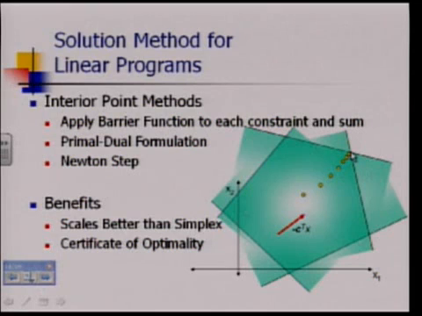Hopefully that's the optimal solution. And this technique, of course, has a name called the interior point method. It's based on either primal or dual formulation, and it can basically apply either a standard iterative method or even go through the so-called Newton step, which is based on quadratic convergence but requires some information on the second-order derivative of the barrier function.